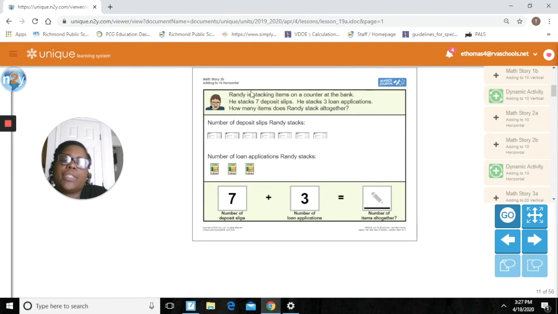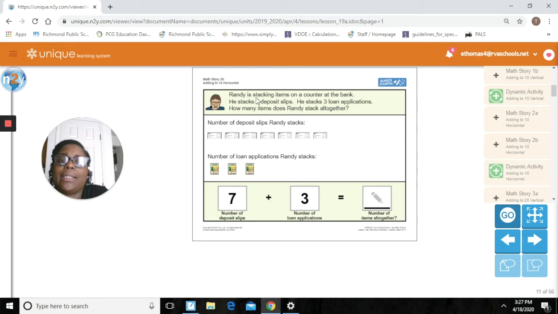Now up here you'll see, this is what we call a word problem. This is another way that you may see an addition problem. Okay? And if you look down at the bottom here, you're going to see the addition sentence. But let's read the word problem first, all right?